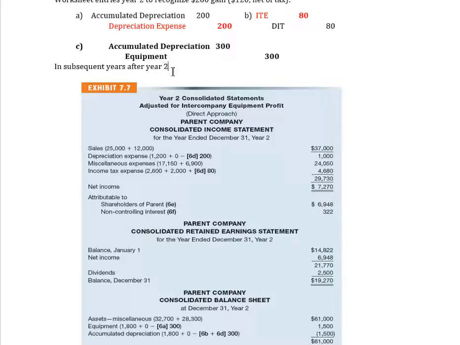After year 2. All right. Now, different companies have different ways of handling their depreciation on assets that they may no longer be using.